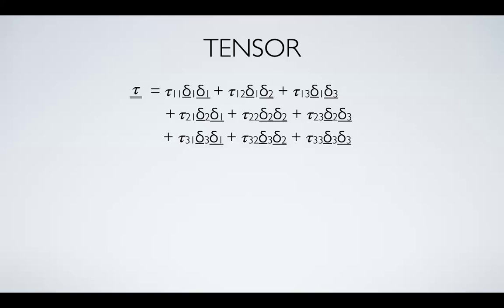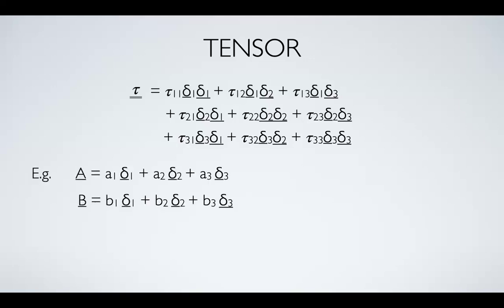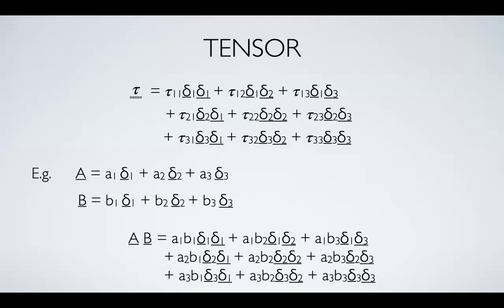If you distribute all the terms, you end up with 9 products altogether. For example, if I have vector A and vector B and make it a dyadic product, A vector B, it's not a dot and not a multiplication, it's the dyadic product. So you end up with 9 products like this.